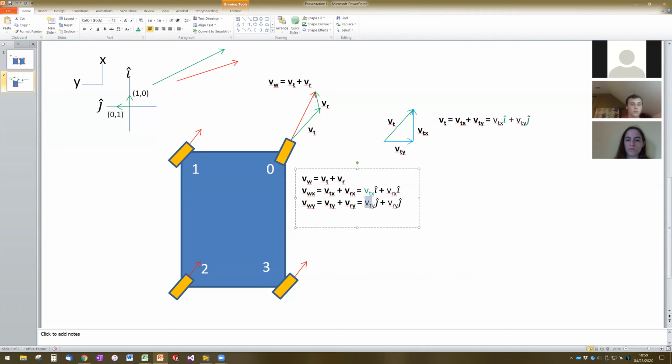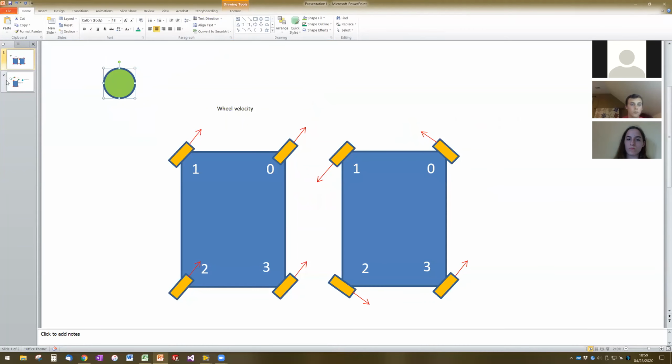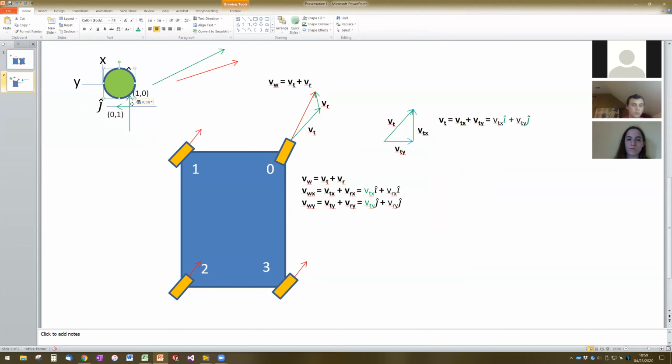There are going to be some other nuances, but really the X and the Y portions of the translation are just going to be the X and the Y of one of our joysticks, right? They're describing what direction we want to translate in. So they're going to come mostly directly from there. So we can calculate those pretty easily.